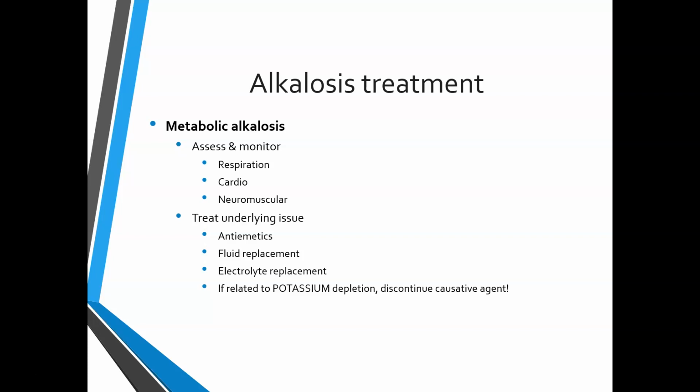If it's a result of excessive vomiting, then antiemetics, fluid replacement, electrolyte replacement, and if it's also related to a potassium depletion, whatever is causing the depletion of potassium, discontinue that and consider replacing the potassium.